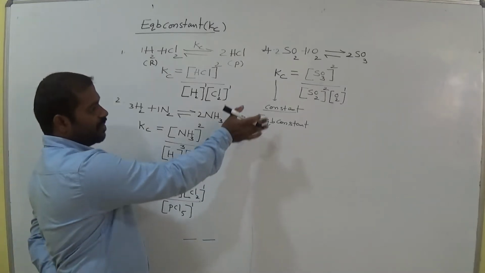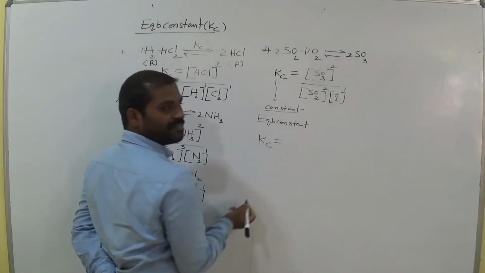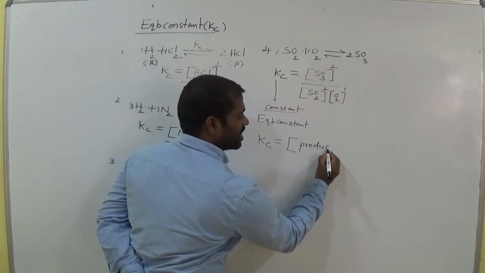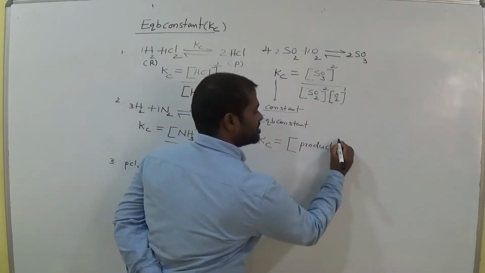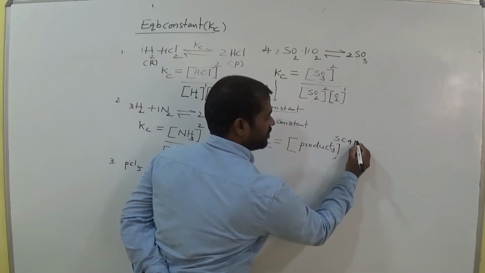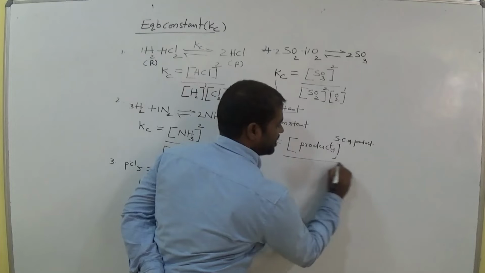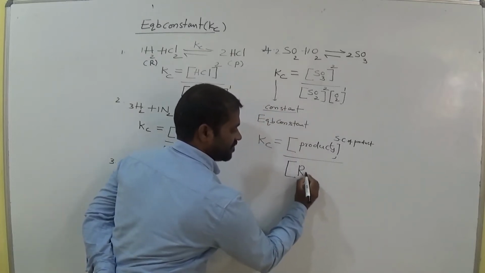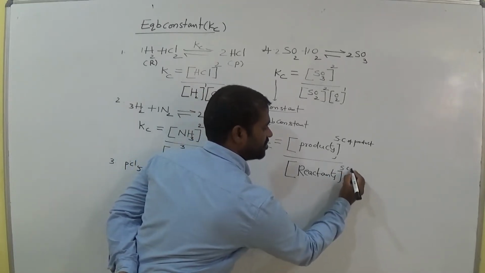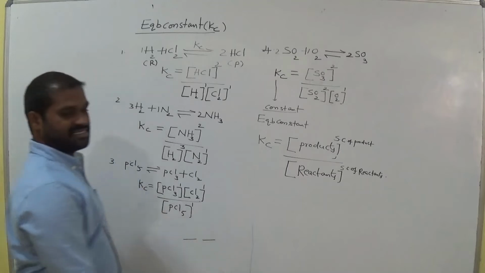So finally, what we conclude from this: equilibrium constant Kc is the molar concentration of products, and its power, that means stoichiometric coefficients of products as power, divided by the molar concentration of reactants and the stoichiometric coefficients of reactants as power.